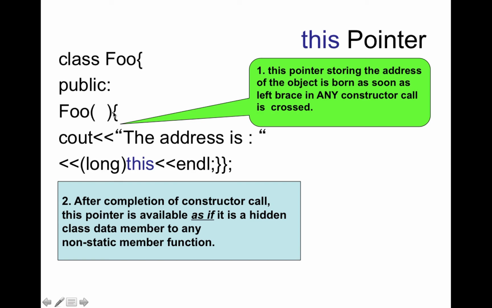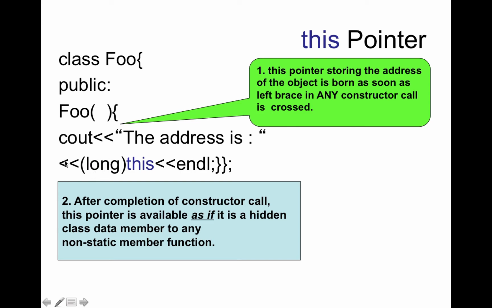As soon as this brace is crossed, the pointer to this object is created, and it can be used inside the constructor and any other function that is part of this class, but the function must be non-static, it cannot be static.